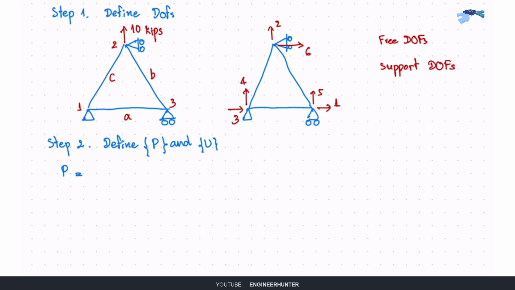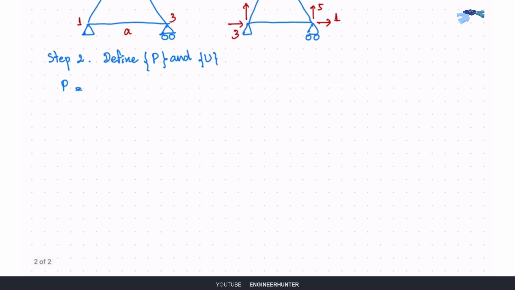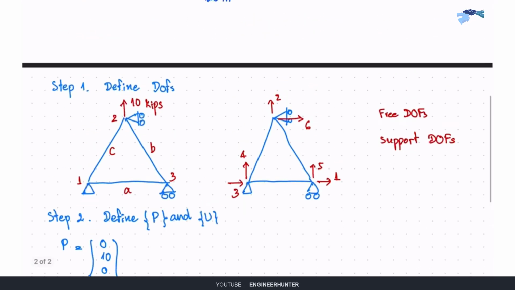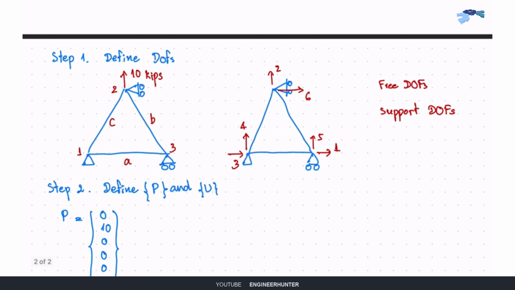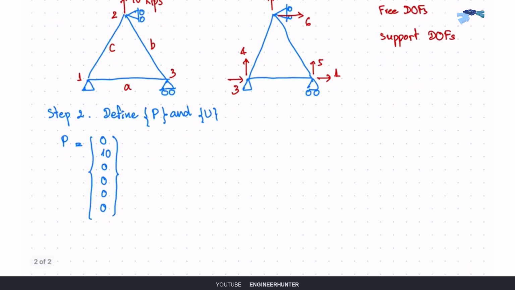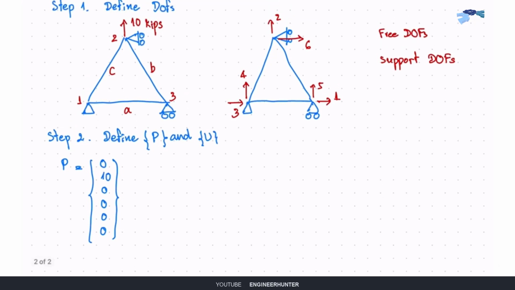We don't have any force. So we have only the force at degree of freedom number 2. So it will be 0, 10, 0, 0, and 0. And if you look at the direction of the external force and the degree of freedom, you will see that they are the same. So it will be a positive number. But if they are not the same, you will need to change the sign here to negative.